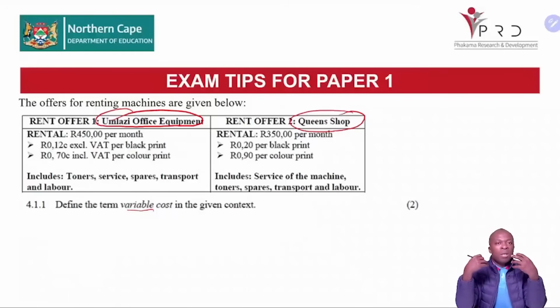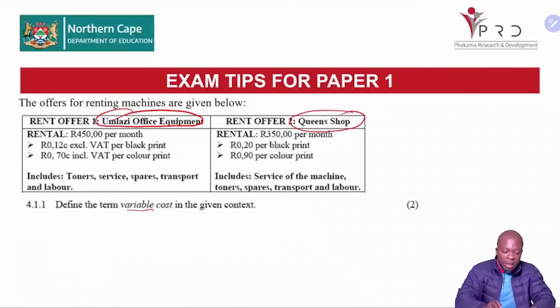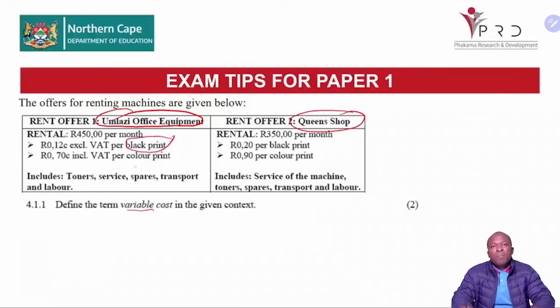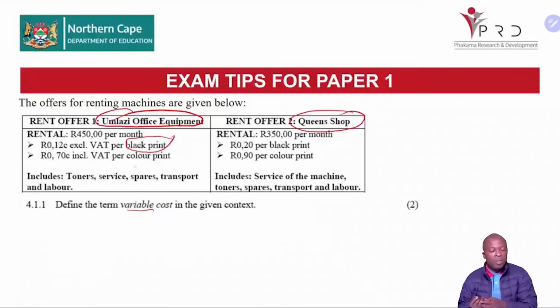It's the cost that changes depending on items or the production of the business. Here, look at something. We are talking of printing. So our variable cost will be the cost that changes depending on the number of copies that we have printed. Because they'll be saying, define the term variable cost in this context.